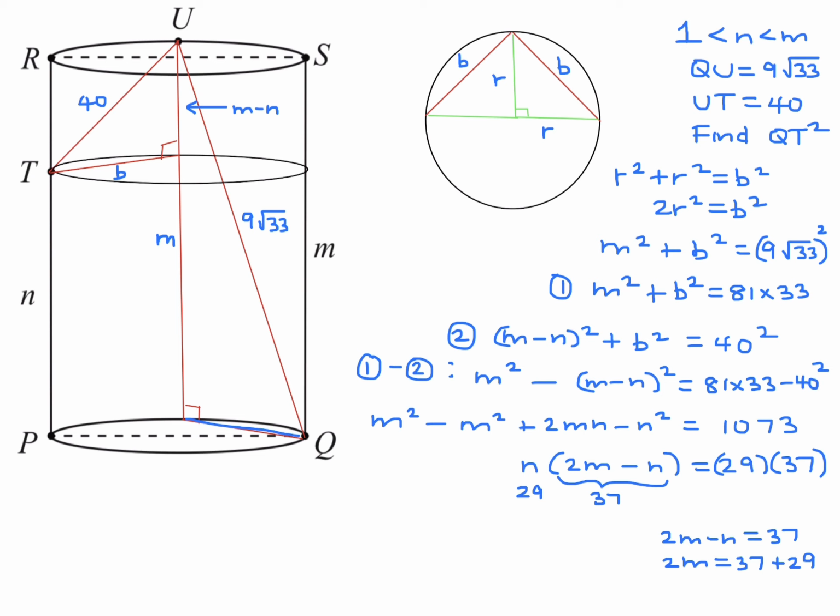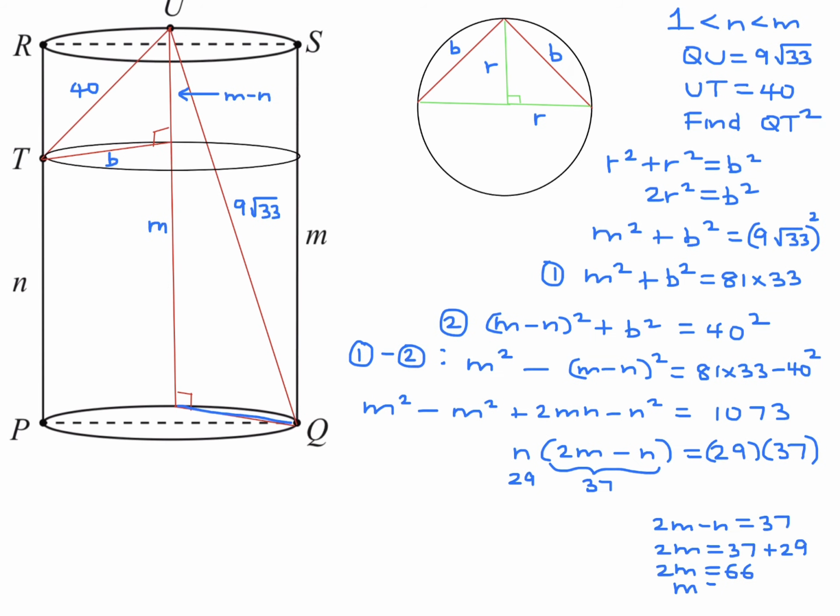And 37 plus 29 is 66, which is 2m. So therefore m would be 33. Okay, that works. That satisfies this inequality, that m is greater than n and it's greater than 1. And of course, we had chosen n to be 29. So I'm pretty certain that is the way to go here.